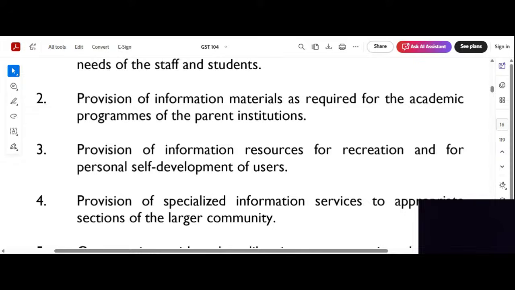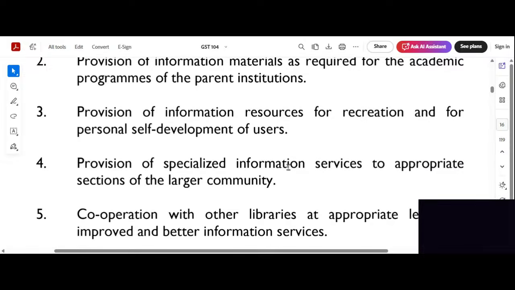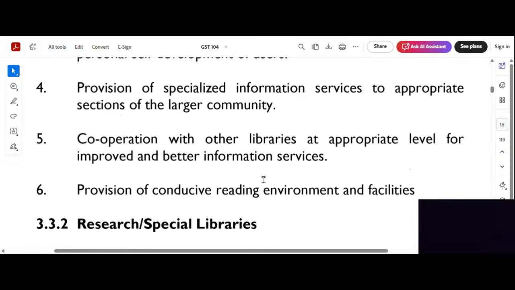You just look for books that seem to align with what you are looking for, and then you start reading it to develop yourself personally, self-development. So the library is also there for that. The provision of specialized information services to appropriate sections of the larger community is also part of the work of an academic library.